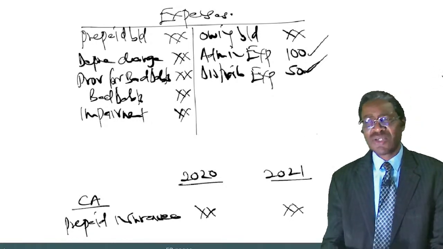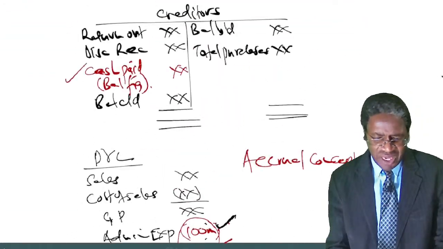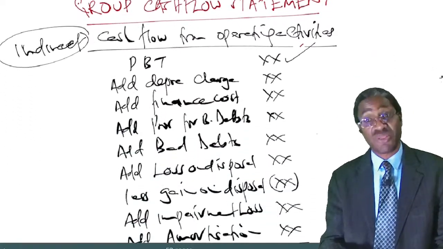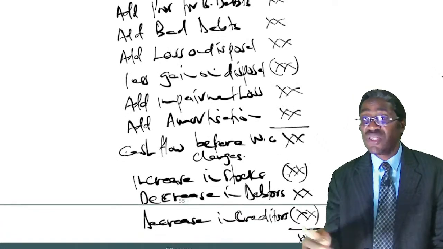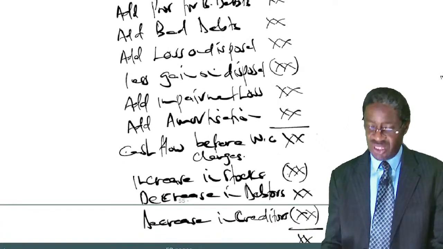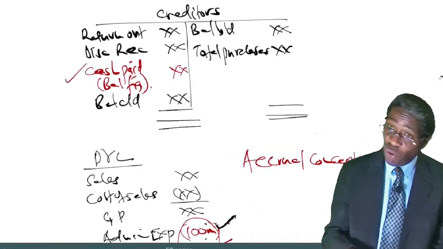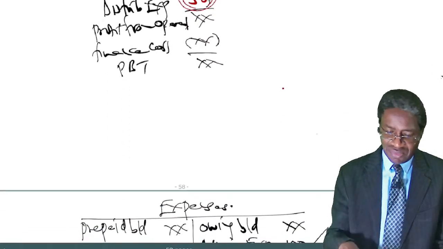Now listen. It is like I am using the same figures I used last time when we were dealing with the direct method. You can see all these are non-cash items that we were using. So it's the same. You just look for what are the non-cash items.